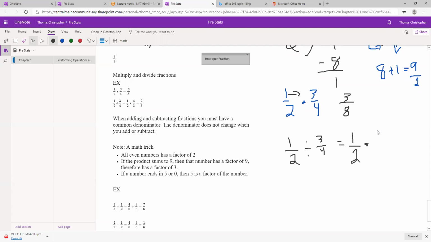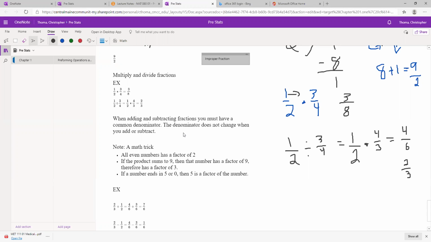So I go from 3/4 to 4/3, and now I am multiplying, so I just multiply straight across. 1 times 4 is 4. 2 times 3 is 6. Because these are both even, I divide by 2, and I reduce down to 2/3.